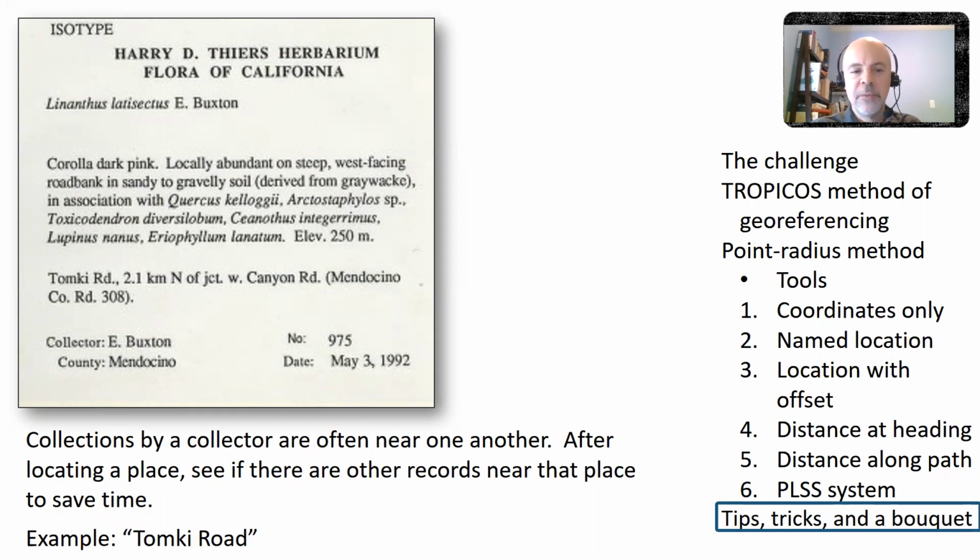A couple notes though before we end, some tips, trips, and some flowers for you. Botanical specimens, at least, are often not georeferenced where the actual plant is, and this is information I have from real curators on the ground. Usually they'll drop a pin basically in the rough center of where they're collecting and then collect in the surrounding kilometer.